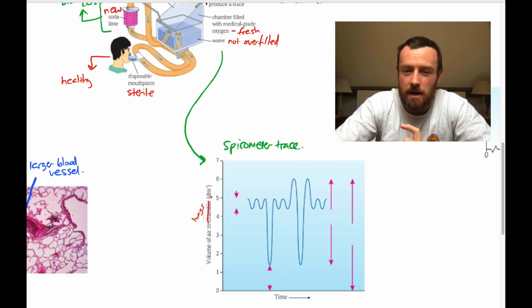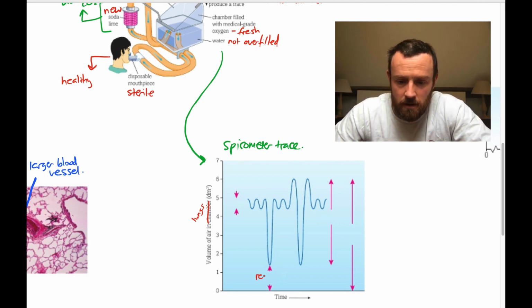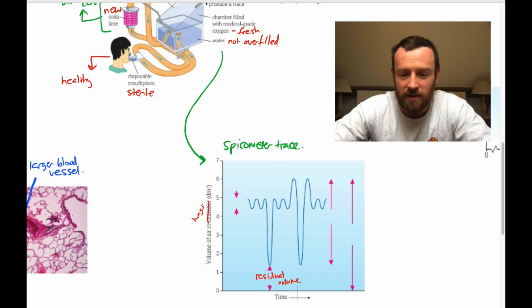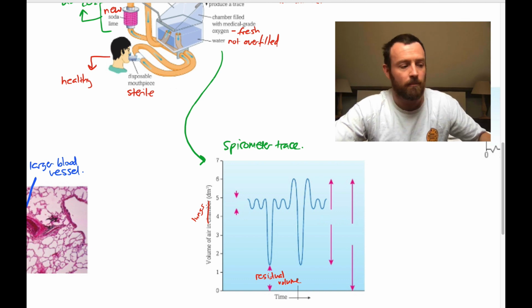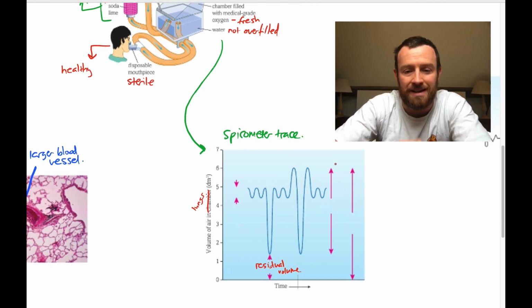The reason being the residual volume down here is not a measure of the air that's left in the chamber, but a measure of the air that's left in the lungs. So I think that's incorrectly labelled on their part. Bad work, textbook people. Okay, right, let's label the rest of these things.